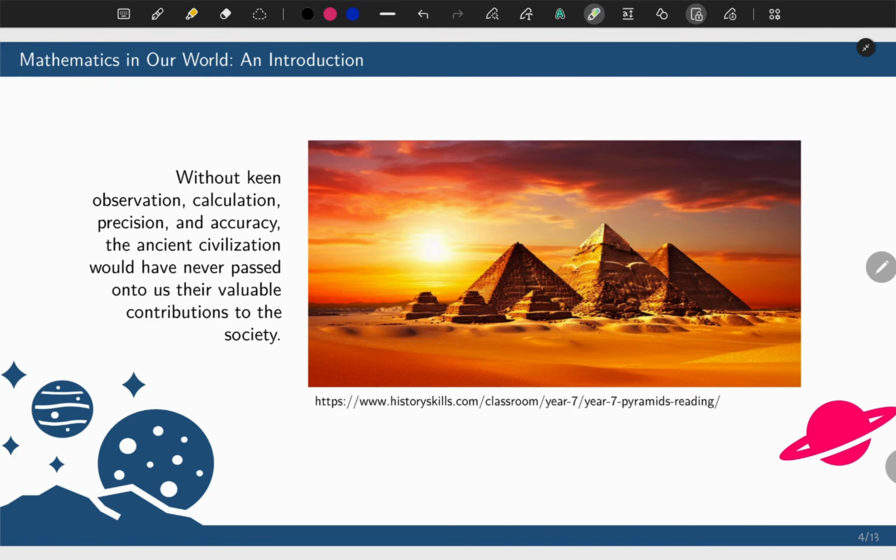You will see how meticulous the Egyptians were in building them. Take note that these pyramids are around 4,500 years old. They are not just stacked stones or blocks, but they contain chambers and tombs.